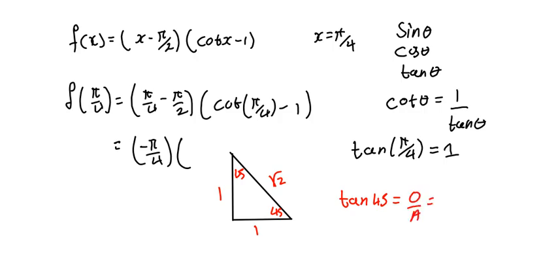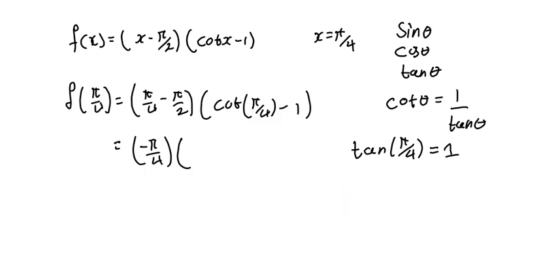And what is our opposite? Our opposite is a 1 divided by the adjacent, which is also a 1. So we end up with a 1 right there. Okay, so that's where that 1 is coming from. So cotangent theta is equal to 1 divided by tan theta. We have found that it's 1. So cot pi over 4 is equal to 1. So we have 1 minus 1, like that here.